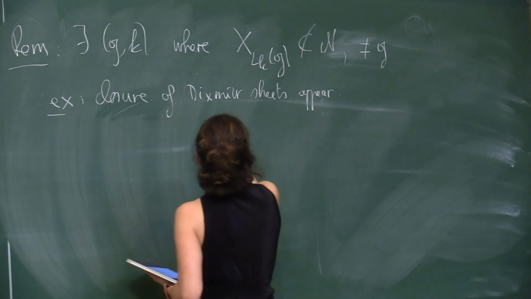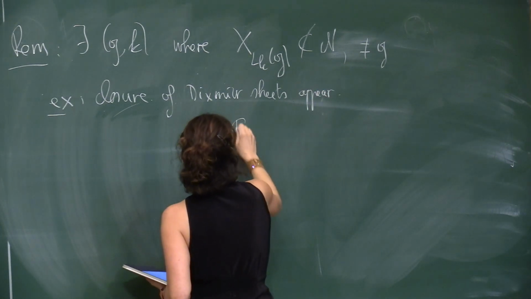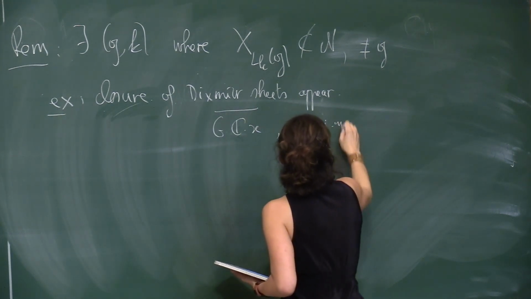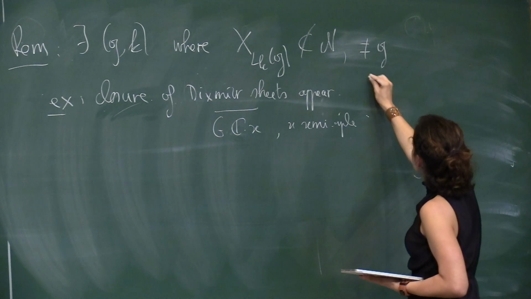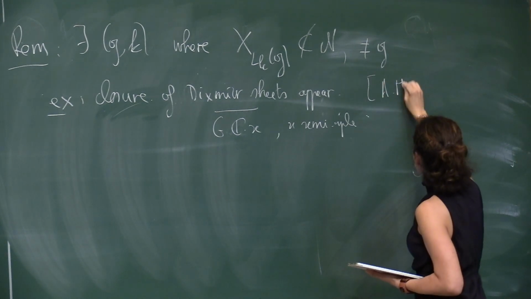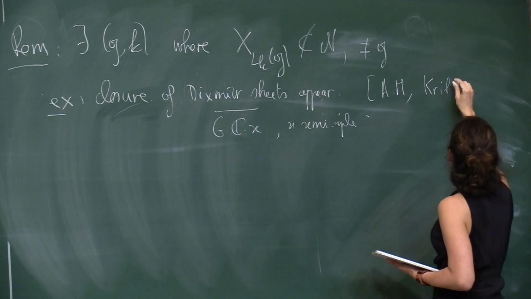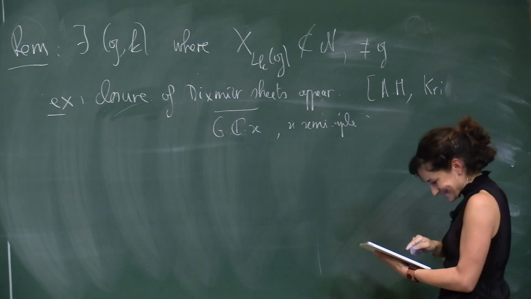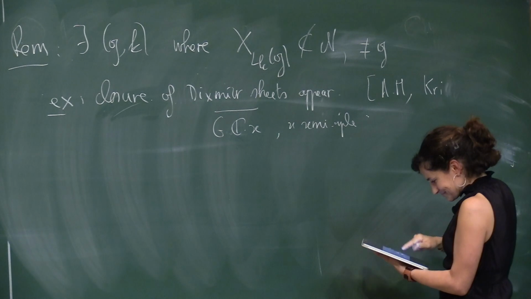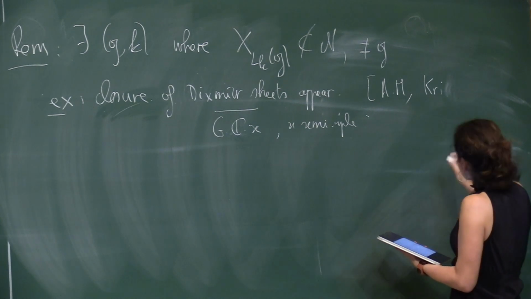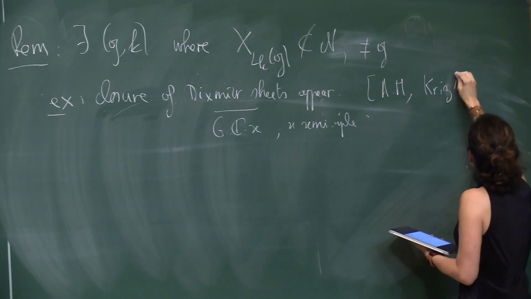This is of the form where you take the saturation of X for X semisimple. This is a typical example. This was first observed by Arakawa and myself, and as I mentioned, this was generalized recently by, sorry for the name, Kriska.